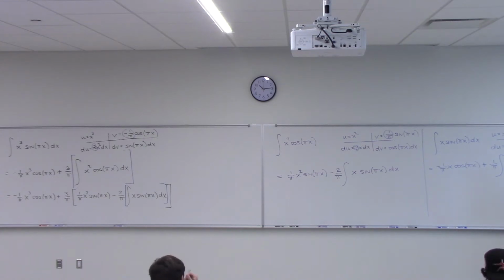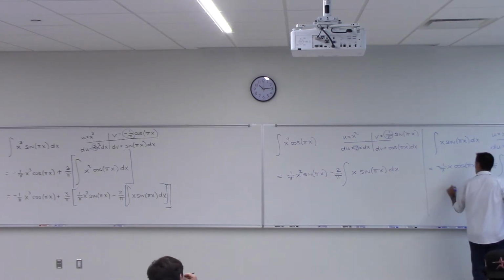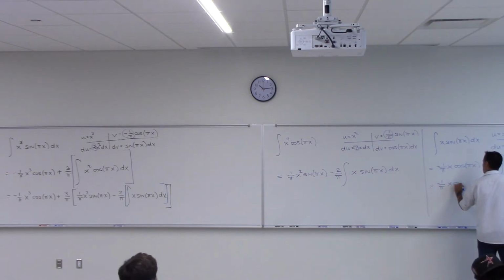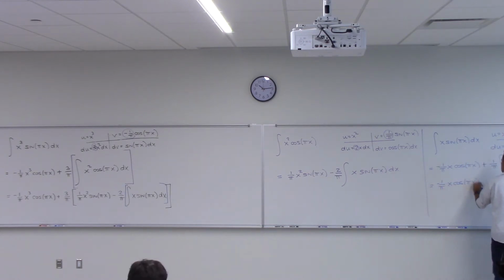So I'm going to do it right now. I know I'm going to be hard to see here. Negative 1 over pi x cosine pi x plus 1 over pi times the antiderivative of this, which is 1 over pi sine pi x, right? Plus c.